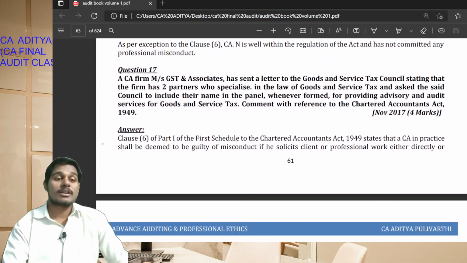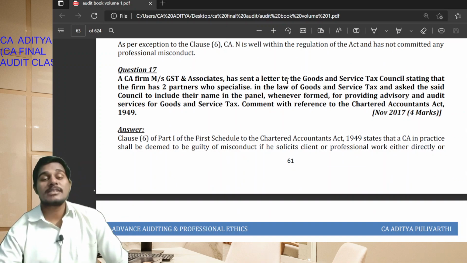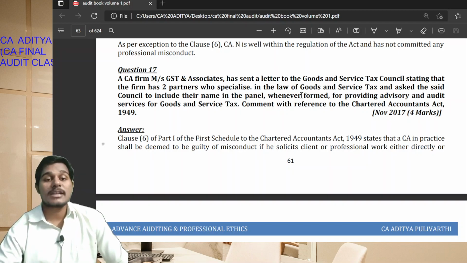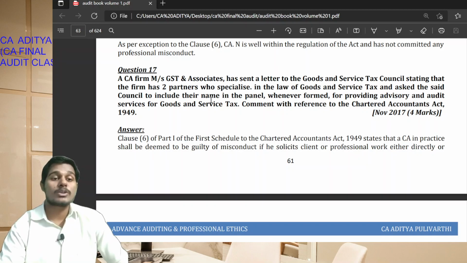CA firm Mr. GST and Associates has sent a letter to the Goods and Services Tax Council stating that the firm has 2 partners who specialize in the law of goods and services tax, and asking the said council to include their names in the panel whenever formed.